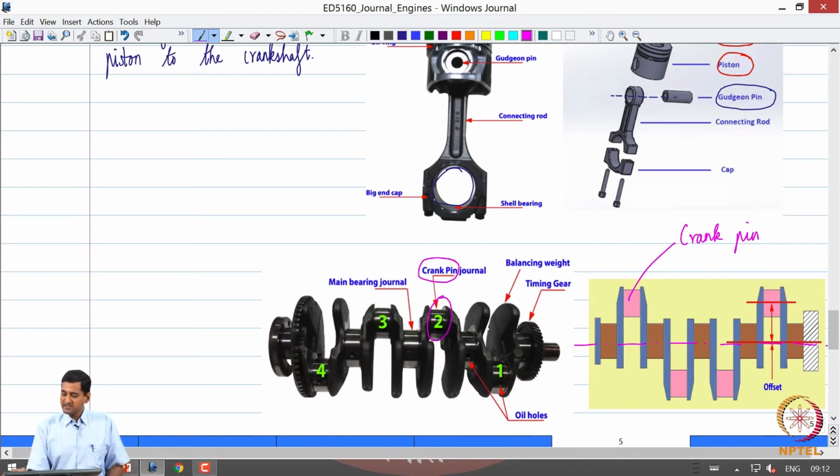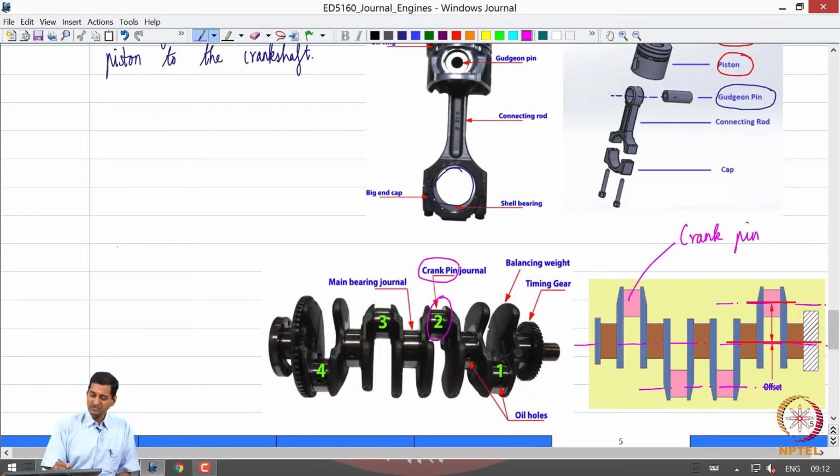So, this is what is called a crank pin, and the other end of the connecting rod sits on a bearing on this crank pin journal. And you can immediately see that there is a distance between the axis of the crank pin and the central axis of the crankshaft.